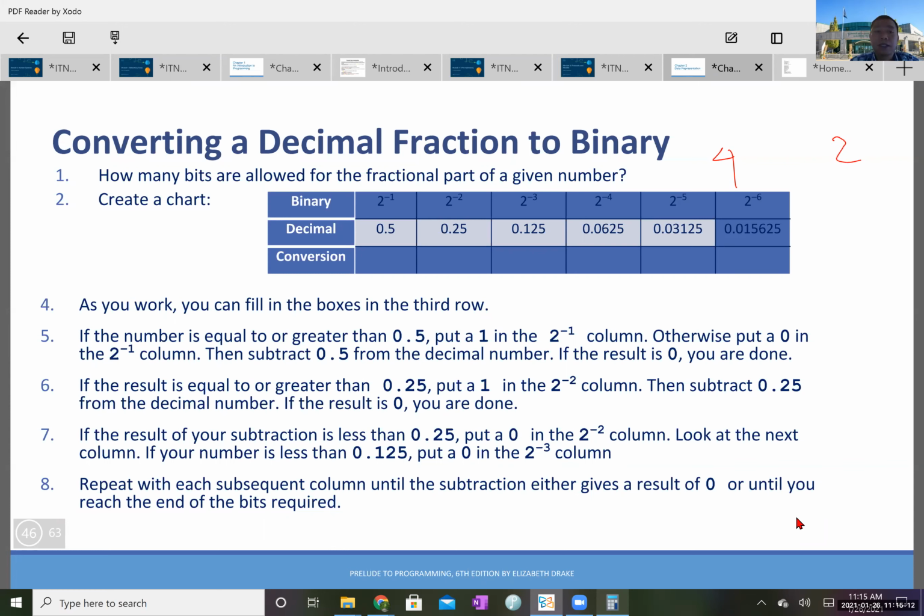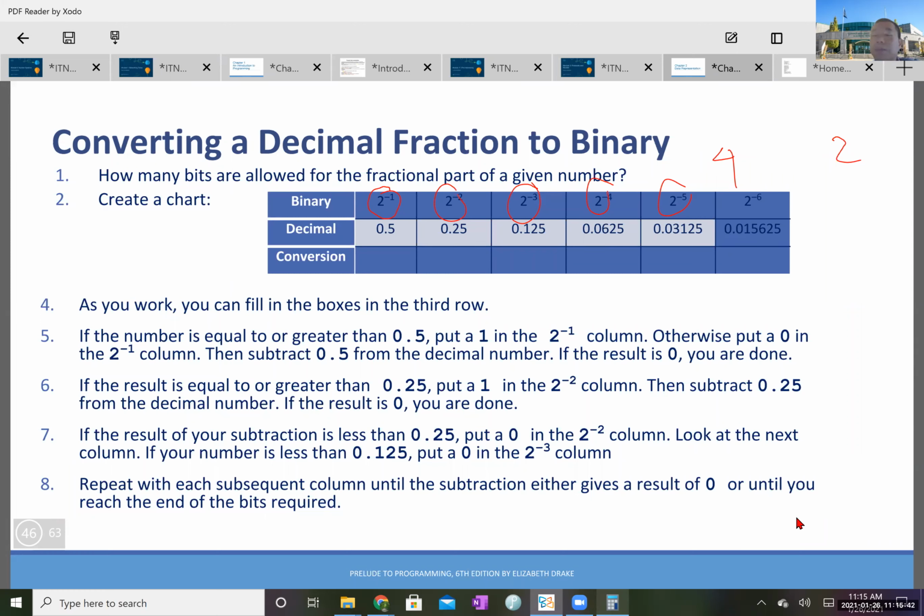The second step is to create a chart. You have 2 raised to -1, -2, -3, -4, and -5, and when you have 2 raised to -1, that's 1 over 2, a half, then a quarter, then 1 over 8, 1 over 16, 1 over 32, and so on. It works exactly the same way as when converting the decimal.